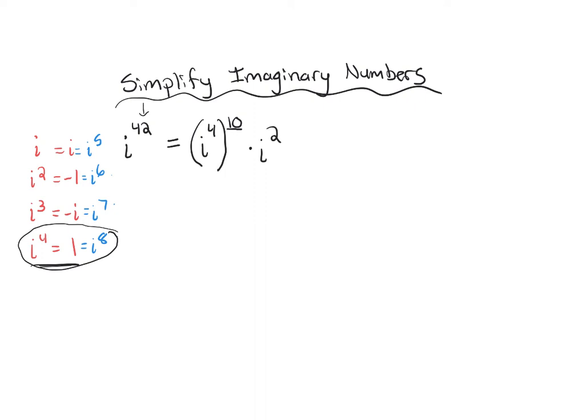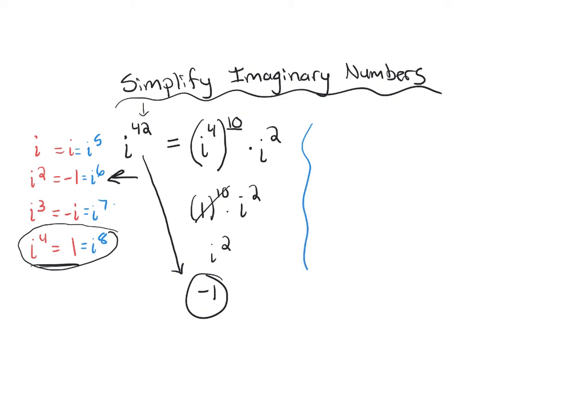So i to the 4th to the 10th is i to the 40th. That's the same thing as 1 to the 10th. And 1 to the 10th is just 1, and 1 times anything, so it's just i squared, and i squared is -1. So i to the power of 42 will be -1.